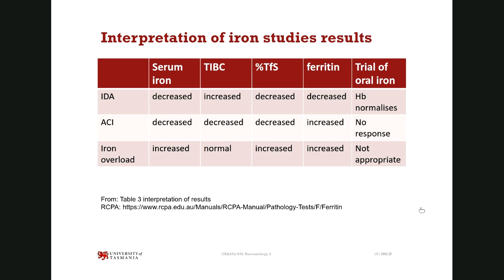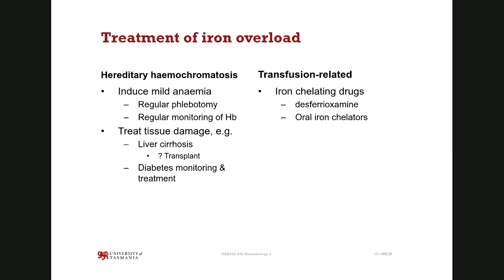So when we have a look at the treatment for iron overload, depending on what's causing it, the treatment is going to be different, and that makes sense. When we have hereditary hemochromatosis, usually what the clinicians try to do is induce a mild anemia, and the easiest way of doing that is to get the person to donate blood.